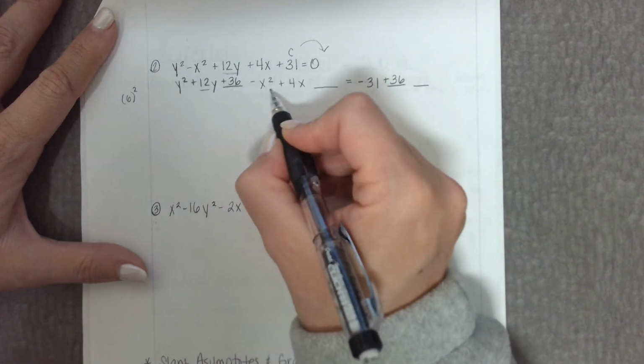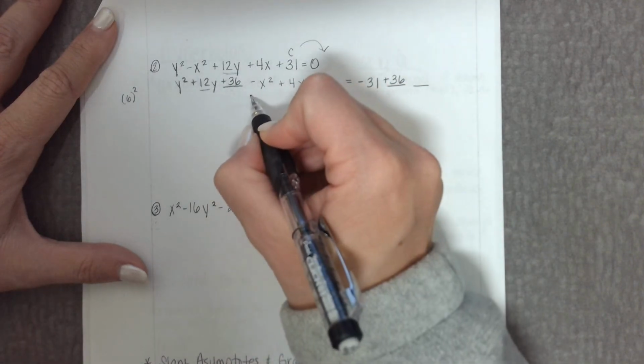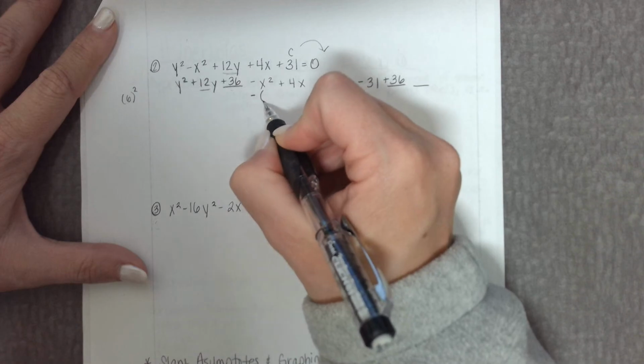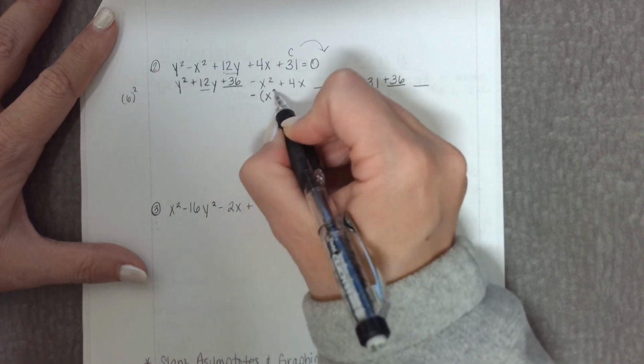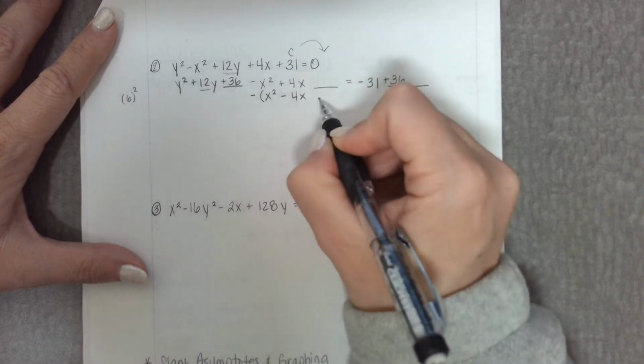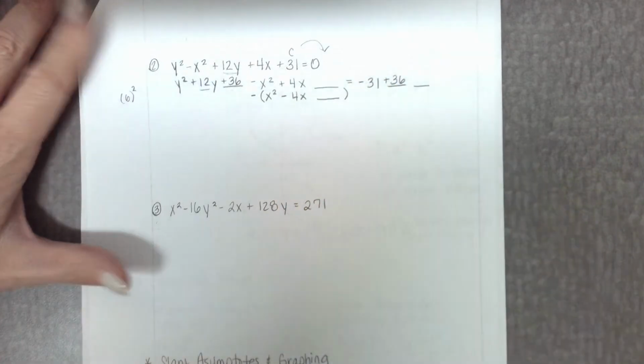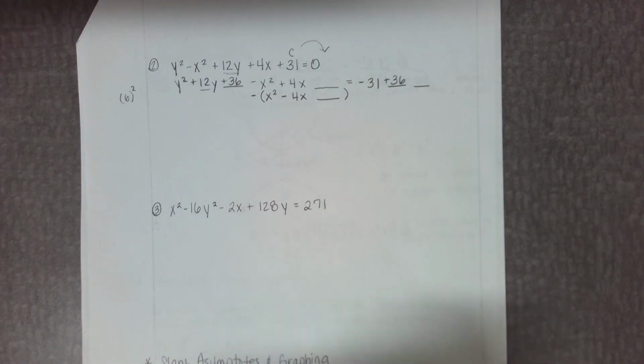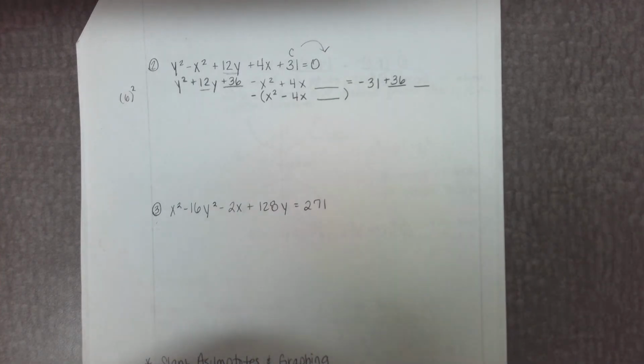So before I complete the square right here, I'm going to pull that negative out. That makes this positive x squared and a minus 4x, and then I'm going to leave a space. That's an important step to remember: before you complete the square, the squared term has to have a positive coefficient of 1.